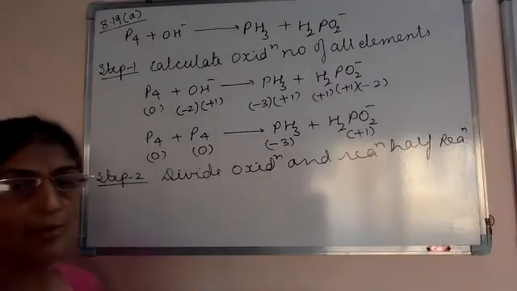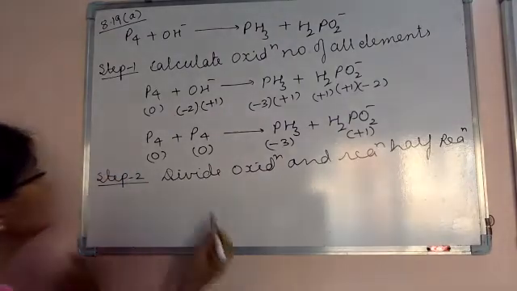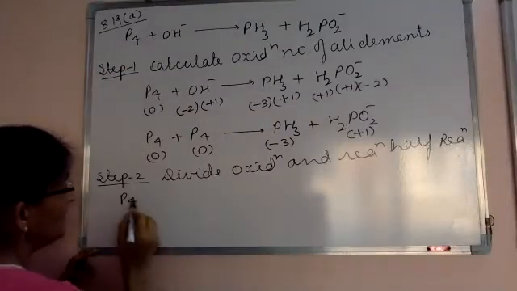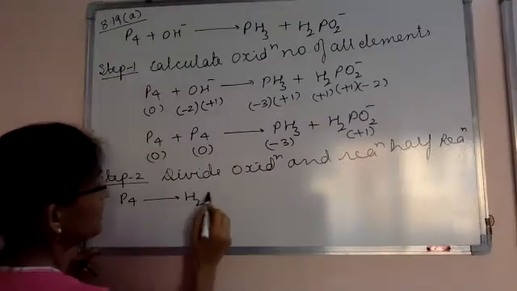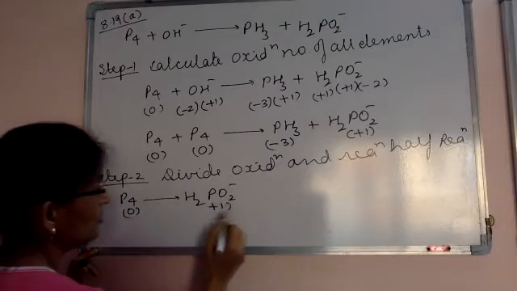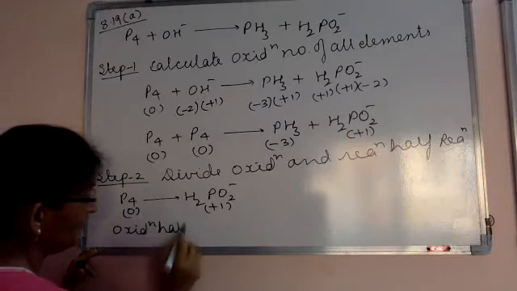Redox is there, just we have to divide it into oxidation and reduction. How to divide? This is oxidation number increase, P4 to H2PO2 minus. Oxidation number increases from 0 to plus 1. So this is oxidation half reaction.